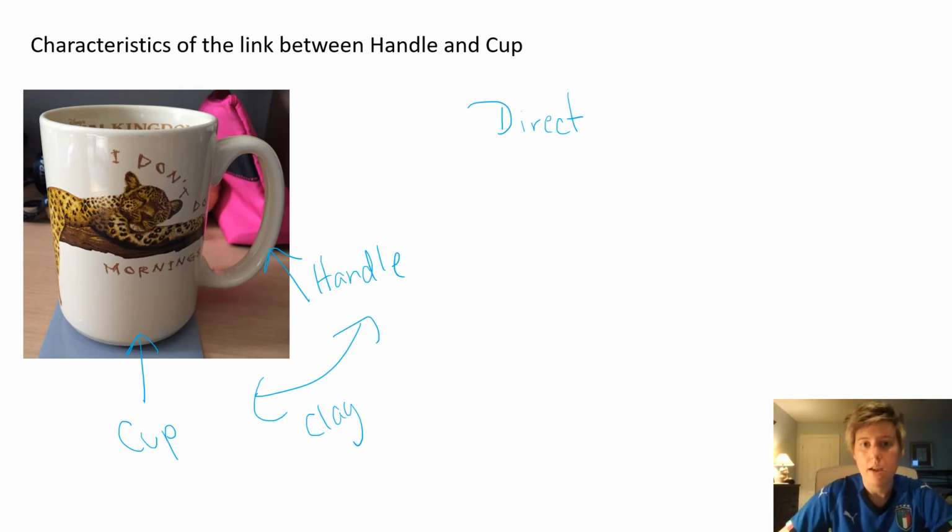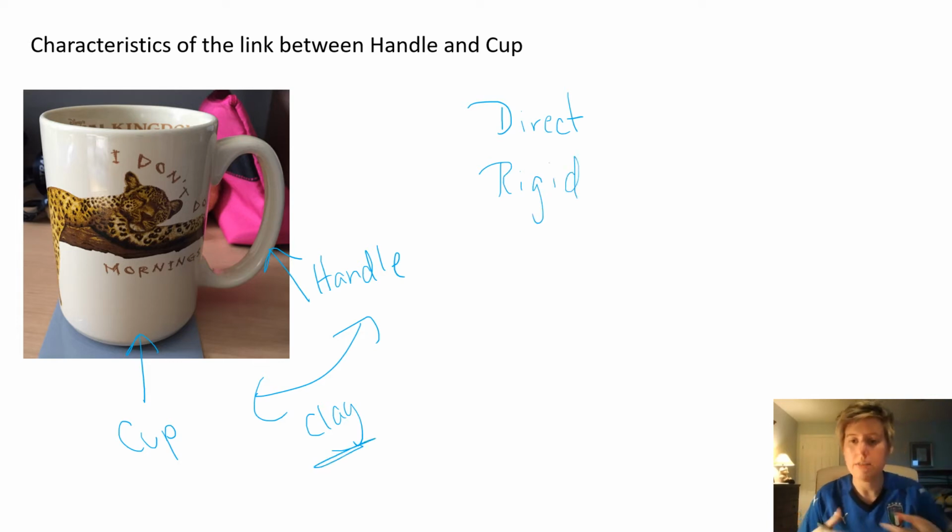The second thing is that it is rigid, again because it is made out of clay. Clay is a very rigid material. It can withstand a lot of force, but, as you probably know if you've ever dropped a mug on the floor, it can potentially shatter. Due to how the handle and the cup were made, because they're molded into one another, it is non-removable.